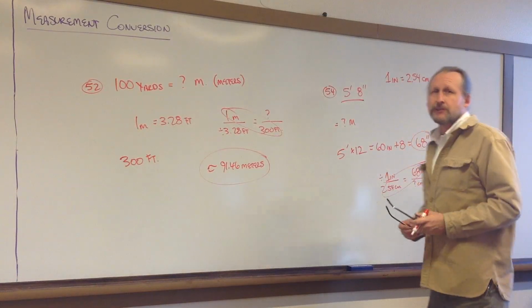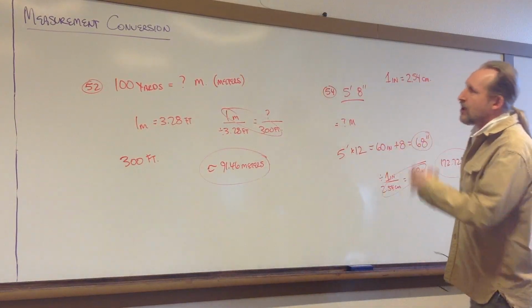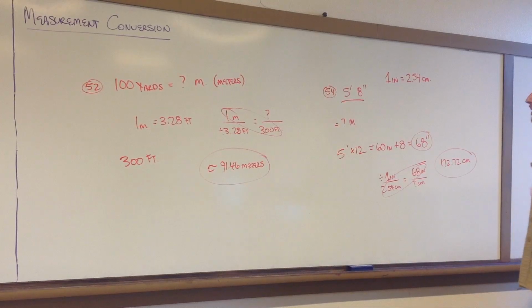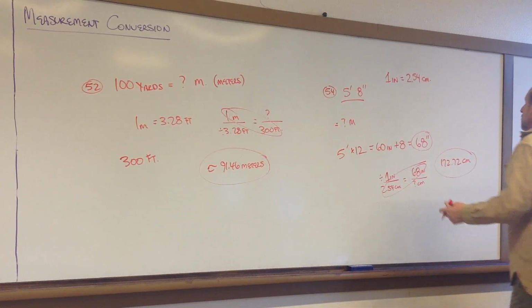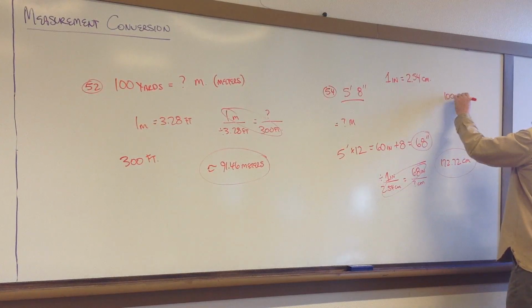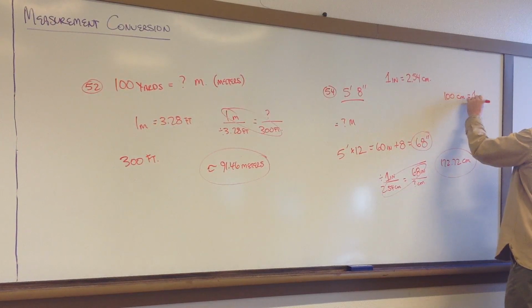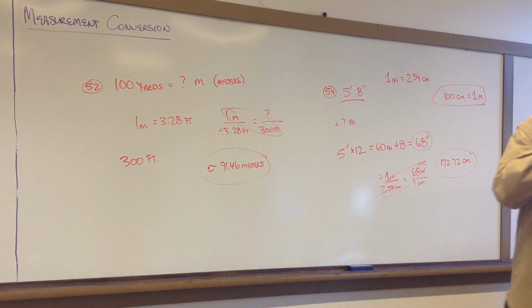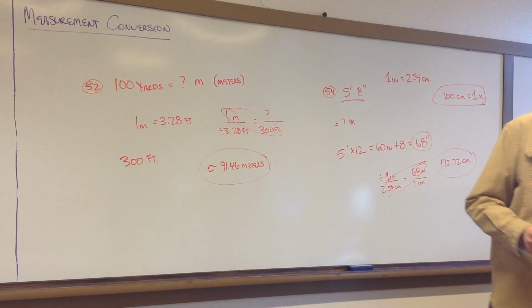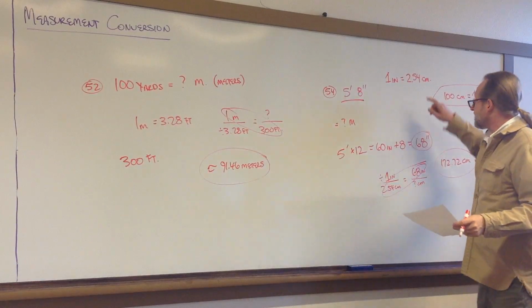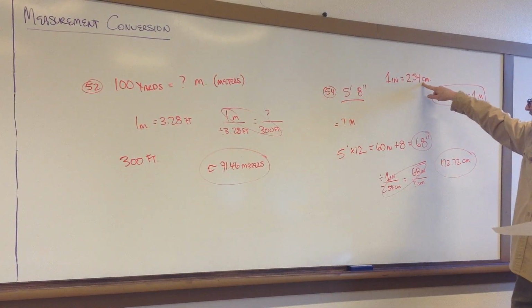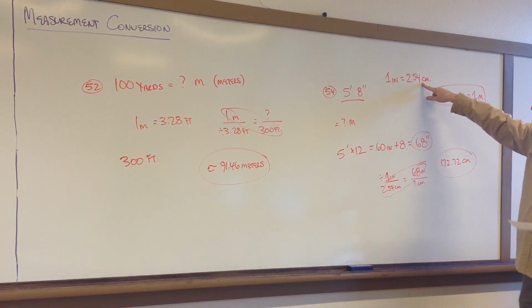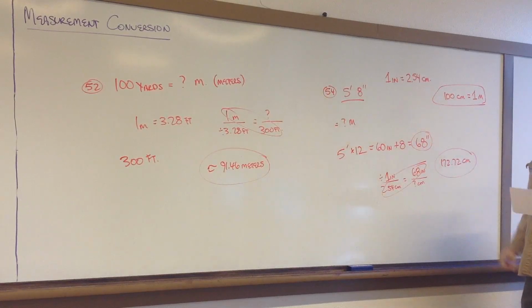Most heights, when people are talking about the metric system, are given in meters. And we know that 100 centimeters equals 1 meter, because that's in the middle section on our conversion sheet. That's what the prefix centi means. It's the same prefix as cents, because there's 100 of them in a meter.